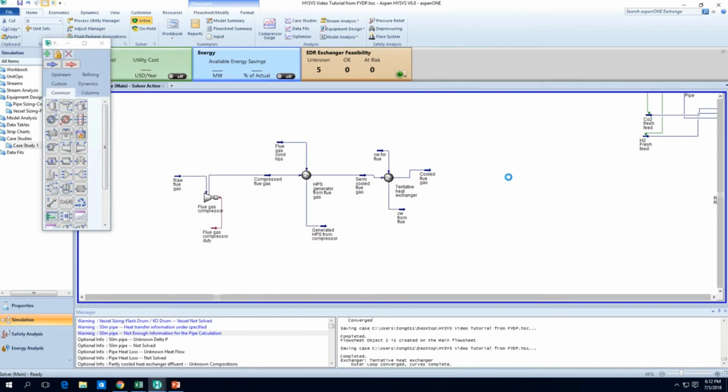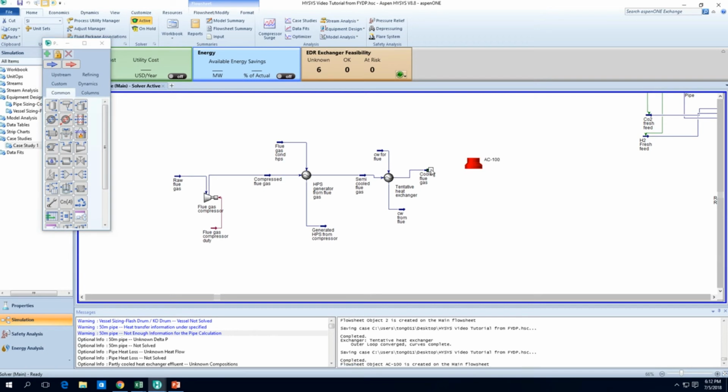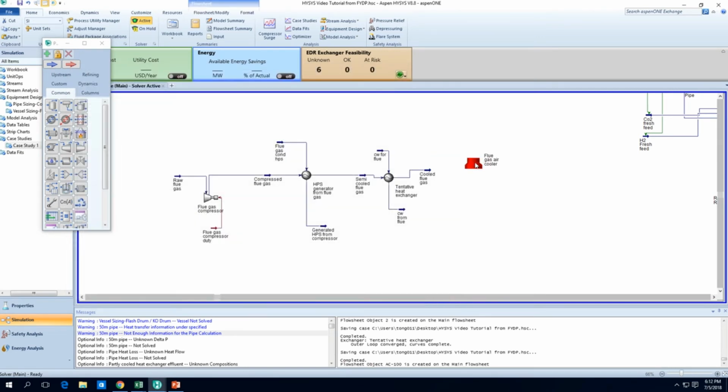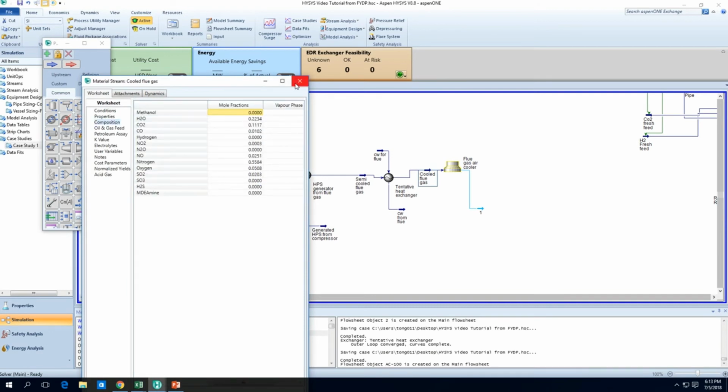And of course, we probably want to use an air cooler as well. Flue gas air cooler. This is probably going to be quite big. Yeah, it's going to be quite big.